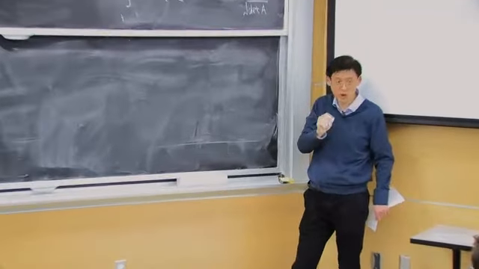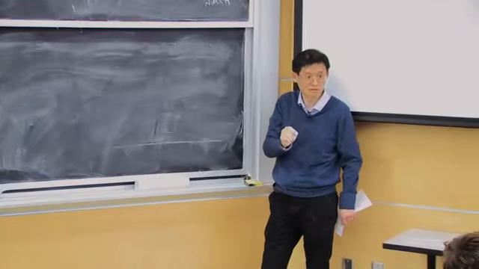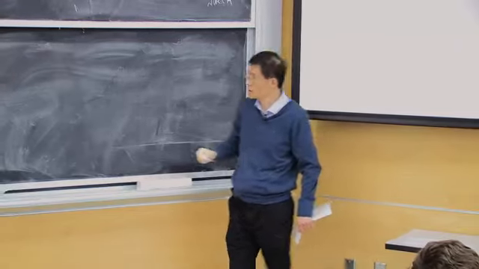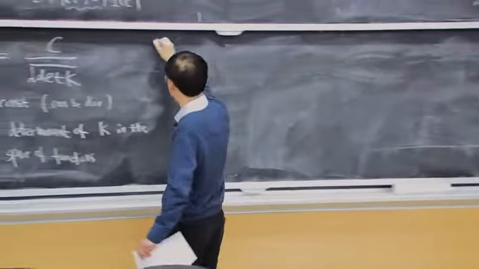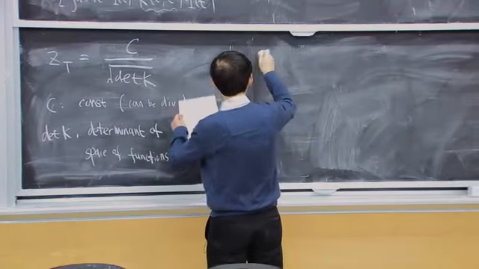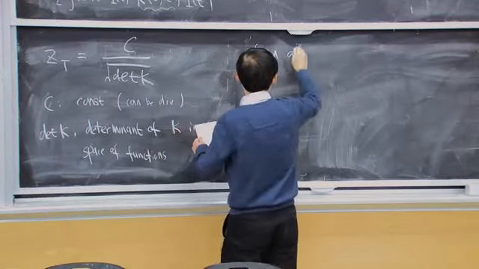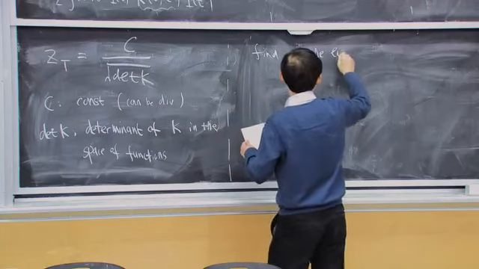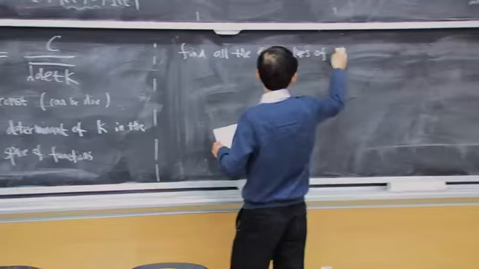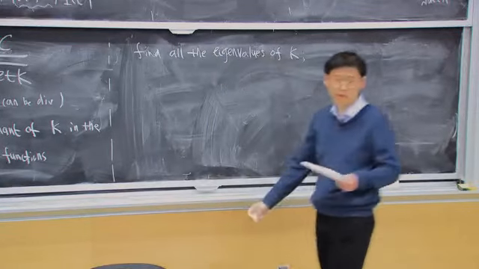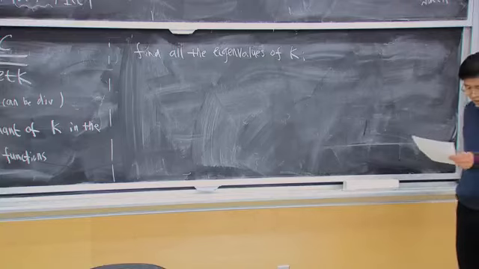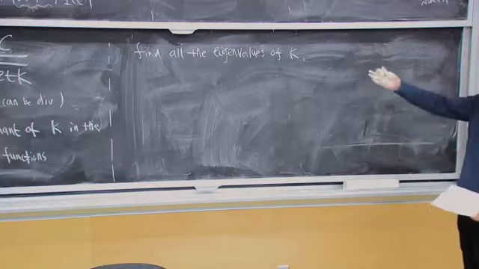This way of defining the determinant actually generalizes. It doesn't matter how many eigenvalues you have. So now we can just find all the eigenvalues of K, and then take the product of them. That gives us the determinant. So how do we define the eigenvalue?